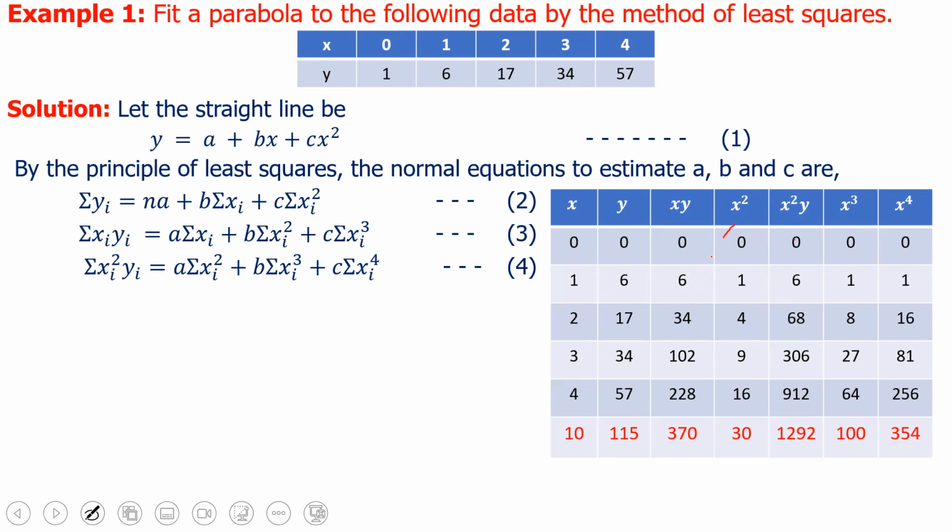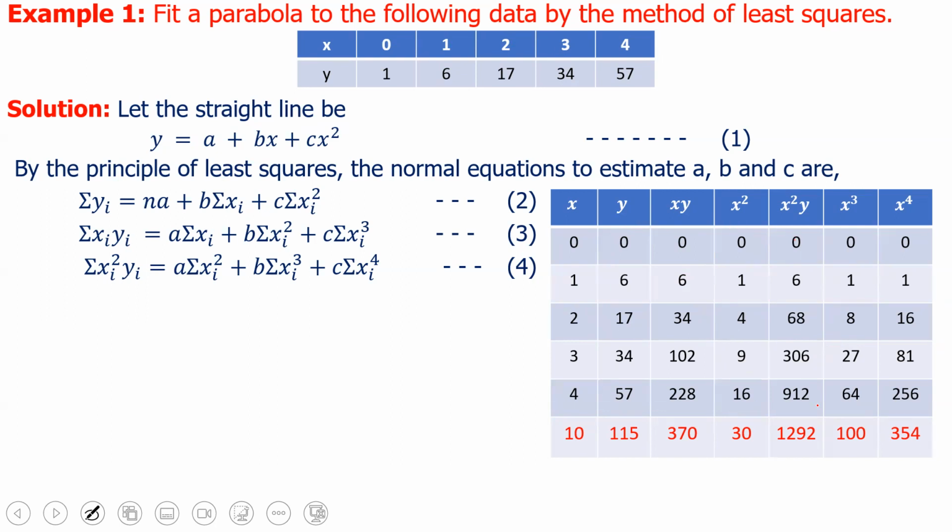This is x square and this is y, and we have to multiply these two. 0 into 0 is 0. 6 into 1 is 6. 17 into 4 is 68. Then 34 into 9 is 306. And 16 into 57 is 912. So we have also calculated x square y.